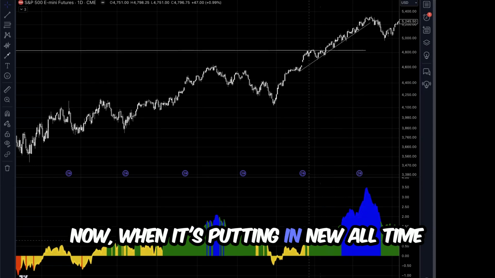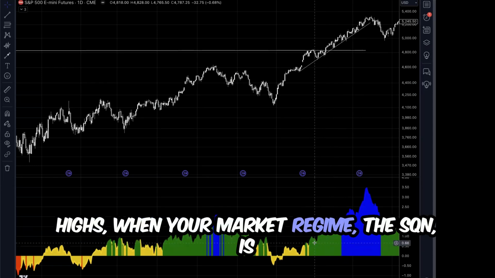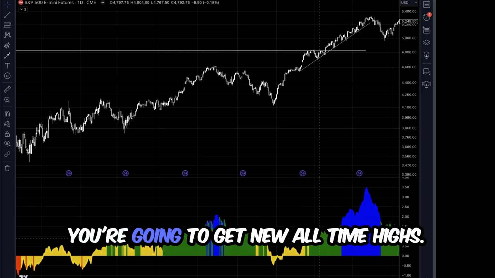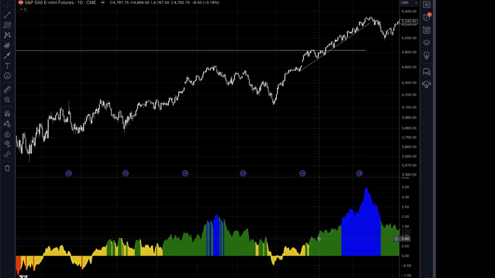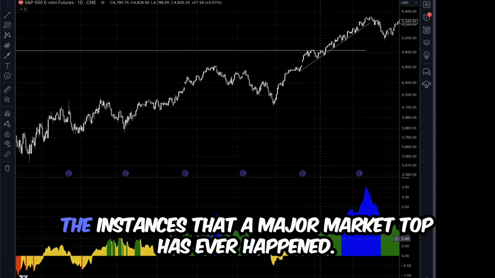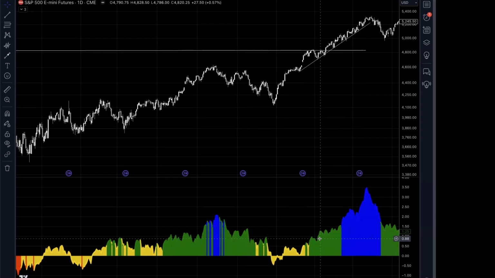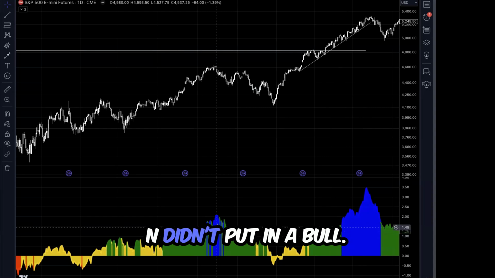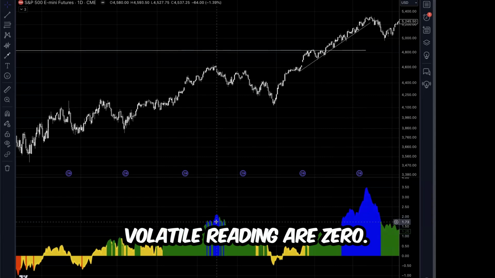Now, when it's putting in new all-time highs, and your market regime, the SQN, is in a quiet period, it's almost inevitable that you're going to get new all-time highs. If you're betting against it, I can tell you that the instances that a major market top has ever happened and the SQN didn't put in a bull volatile reading are 0.